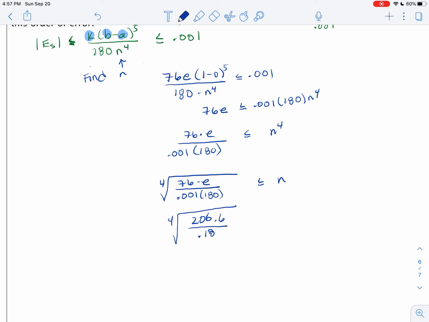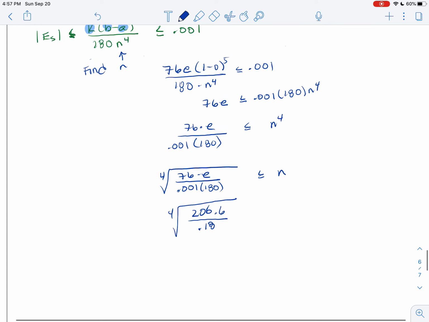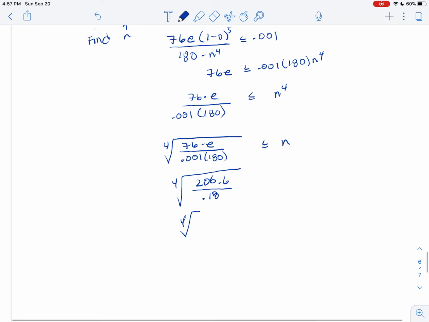So if we do 206.6 divided by 0.18, we end up with the fourth root of 1147.7777, and that's going to be less than or equal to n.